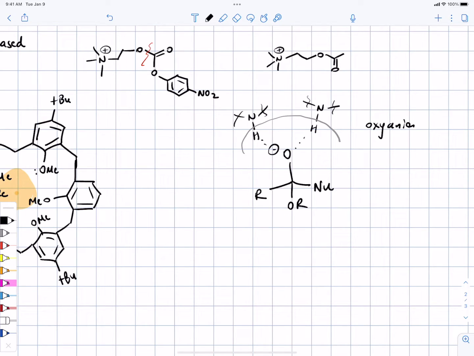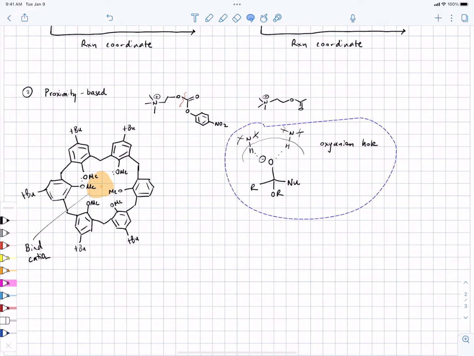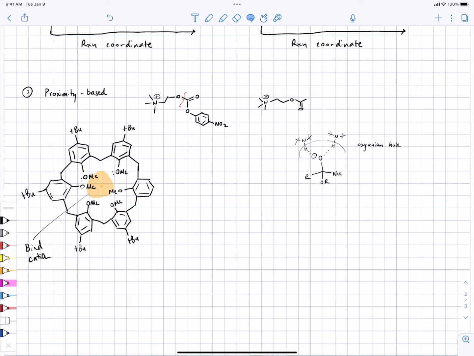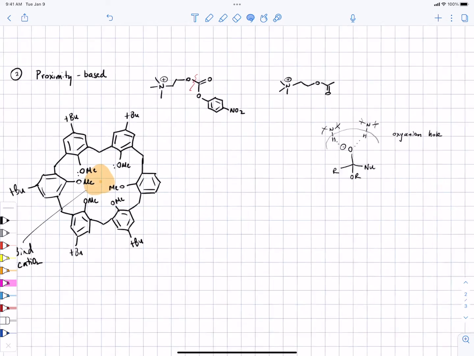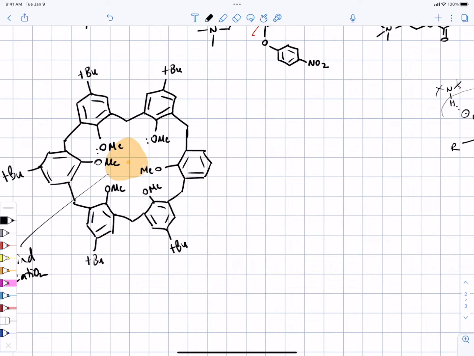And so the thought was, could they generate sort of a synthetic oxyanion hole by positioning hydrogen bond donating groups close to where the cation would be bound? And so they did this via a kind of complicated linkage, and they probably had to try multiple things to get the connectivity right.